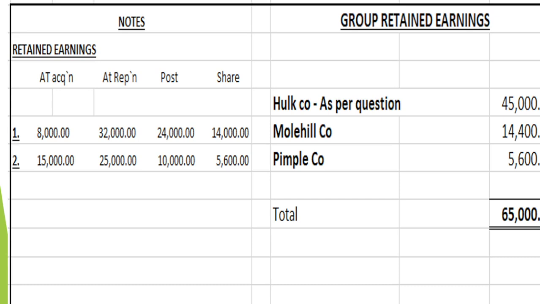Then for Pimp Company, at acquisition it was standing at 15,000 kwacha, and at reporting it is standing at 25,000 kwacha. That means the post-acquisition figure is 10,000 kwacha. So as a company you are getting 56% of this, which is 5,600 kwacha.